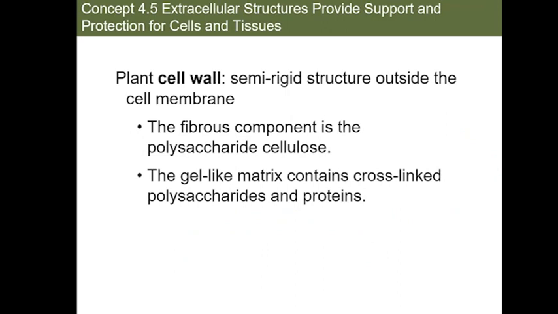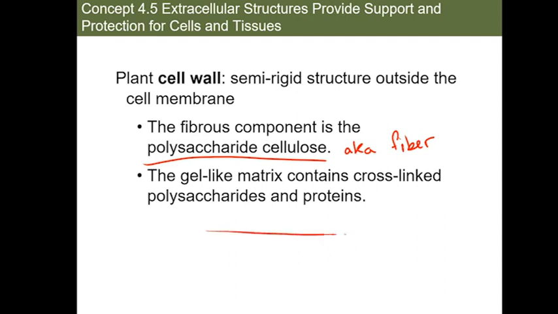So the plant cell wall is a semi-rigid structure outside the cell membrane. The fibrous component is the polysaccharide cellulose, aka fiber. Gotta have that cellulose. The gel-like matrix contains cross-linked polysaccharides and proteins.